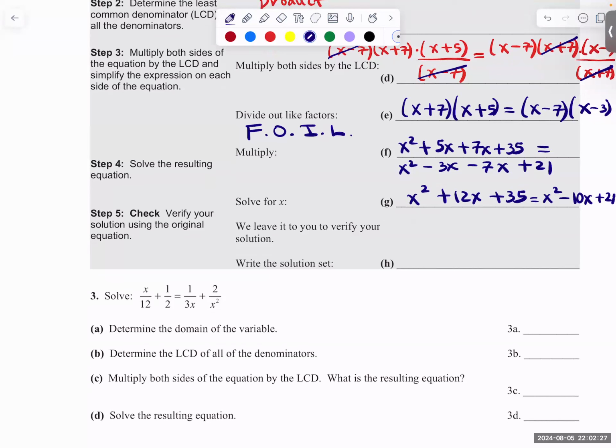Now, x squared is a term on both sides of the equation, so we can subtract it away. Call it a pair of balancing terms on both sides.